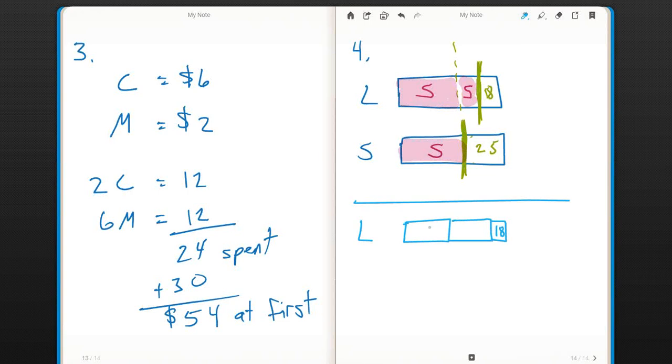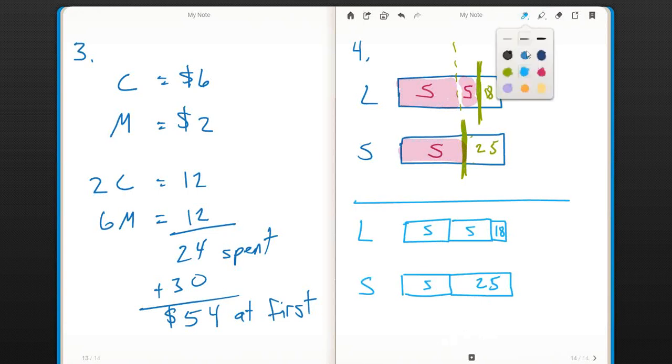this is 18, and this is matching what Sarah has, and so this is where Sarah ended up, and this must be 25, because they started with the same amount of money, and when Sarah spent her 25, she has half of what Lily has left.